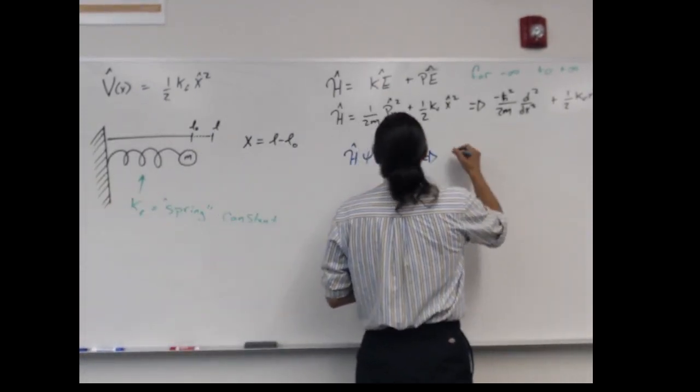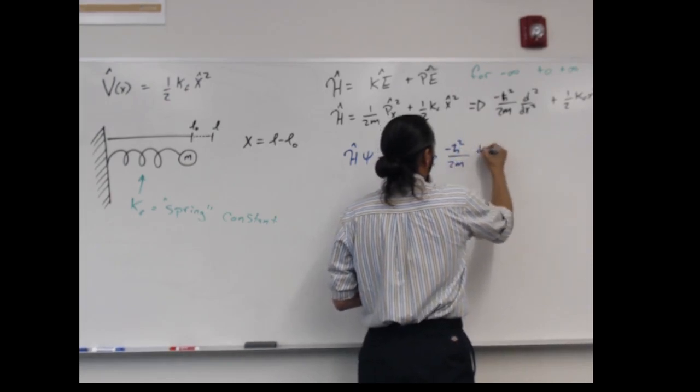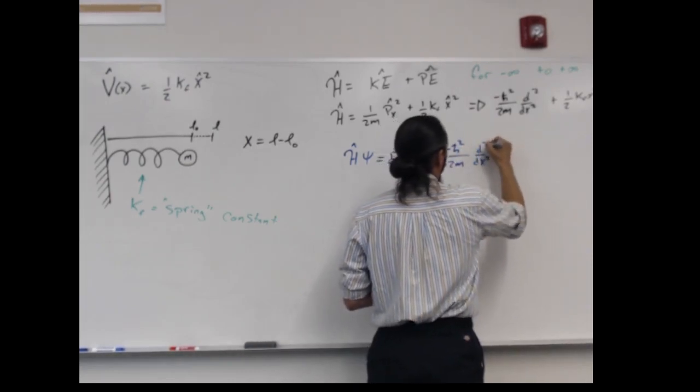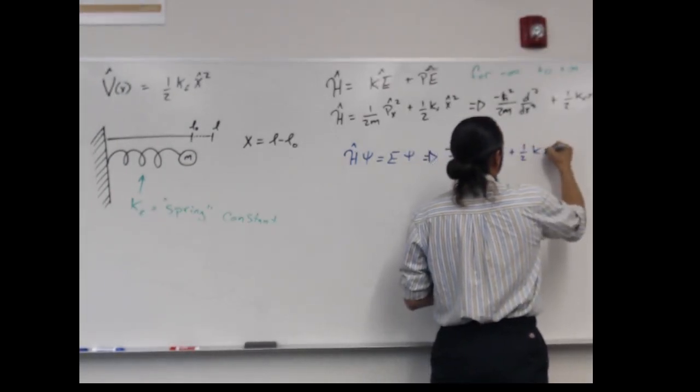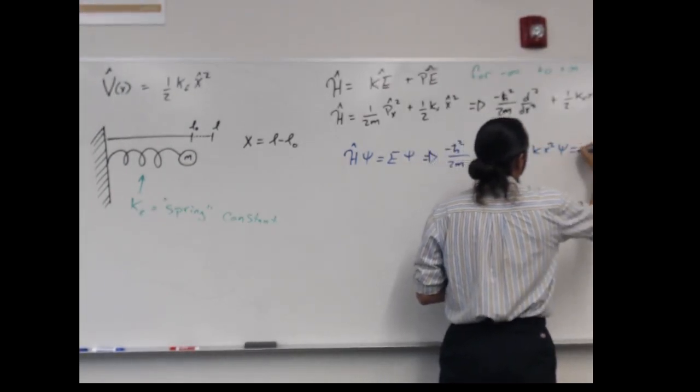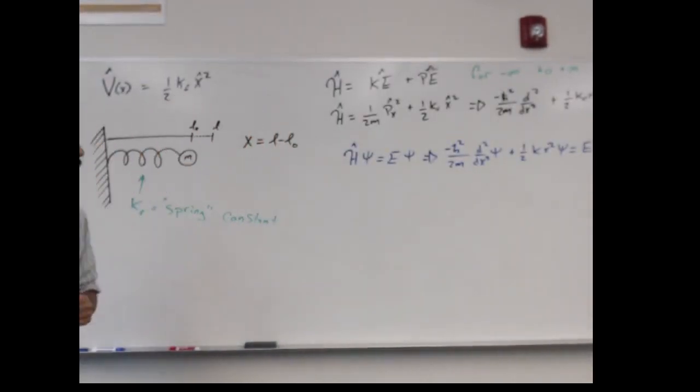This is going to end up being negative h bar squared over 2m d by dx squared psi plus 1/2 kx squared psi equals E psi. This is the equation we have to solve. And it turns out it's really hard to solve.